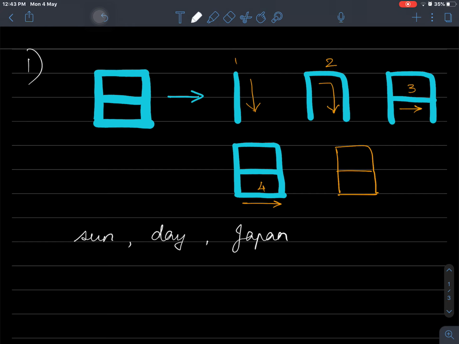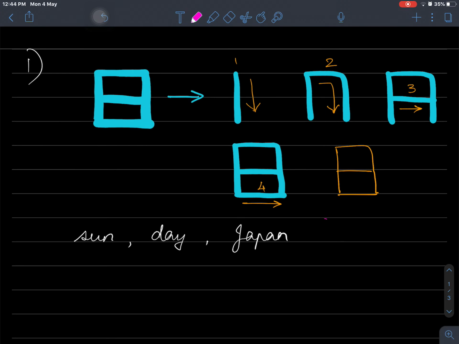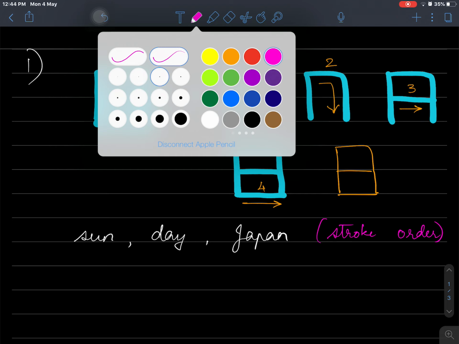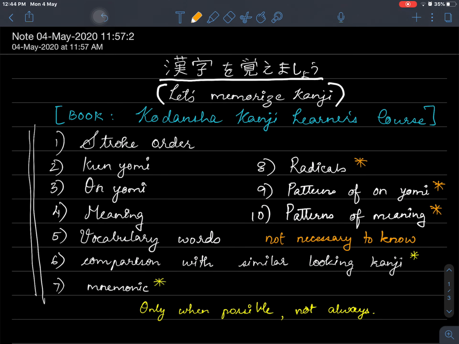Okay, so this covers our stroke order. Let me just mention that briefly. This is your stroke order, the first item on our list. Now, the second and third items on our list were called kunyomi and onyomi. I imagine that I mentioned briefly that kunyomi and onyomi are basically the native reading and the Chinese reading.